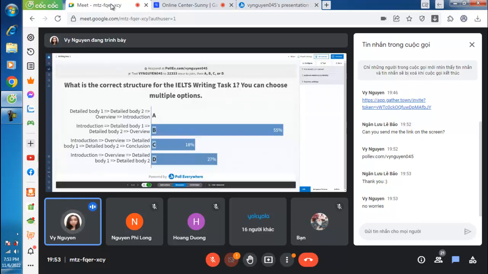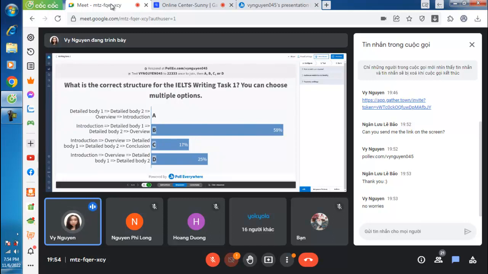Okay, so many people chose B, right? Some people chose D and a few people chose C. Now here's the thing. B is acceptable, right?